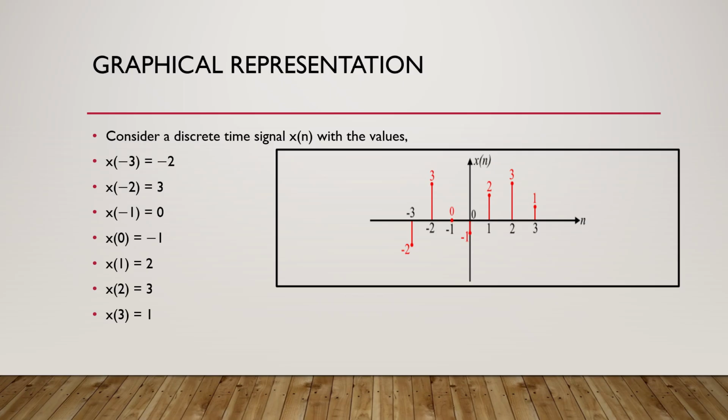Correspondingly we mark them in a graph. For minus 3, the value is minus 2, so it will come at the bottom, and we mark it at minus 2.